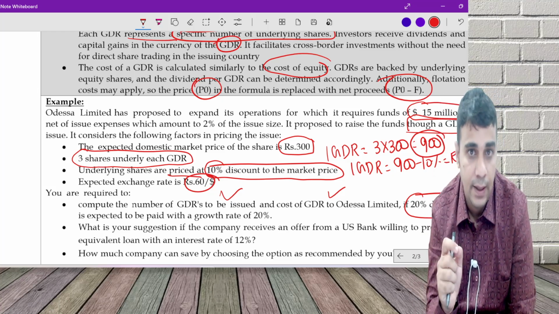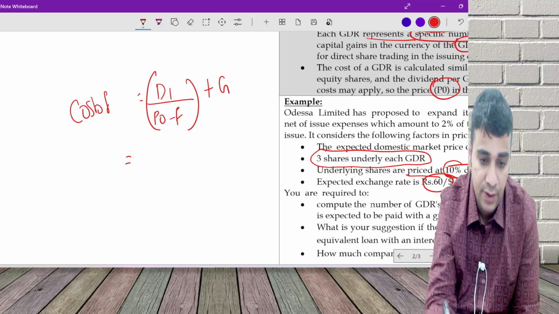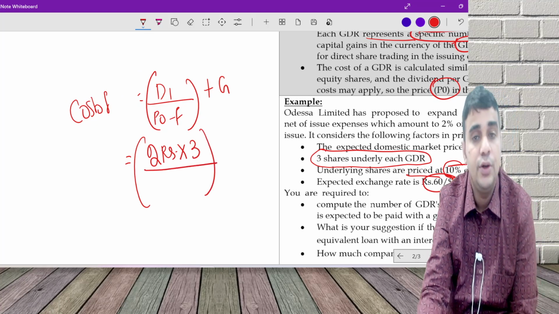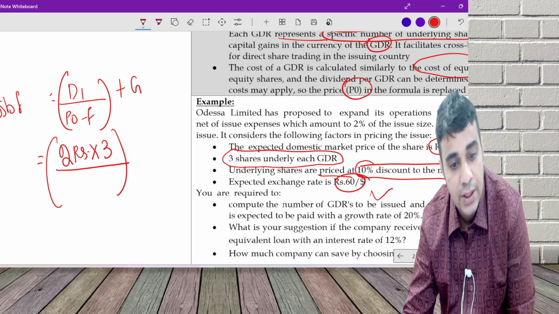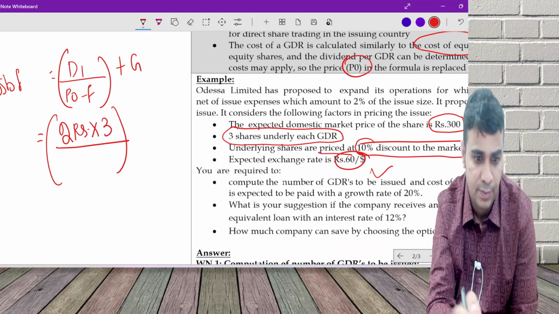Dividend is 2 rupees into 3 shares. What is the issue price of a GDR? This is in INR. I'll show it in dollars in some time.